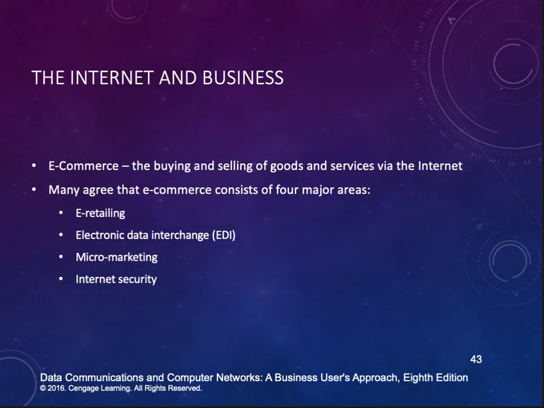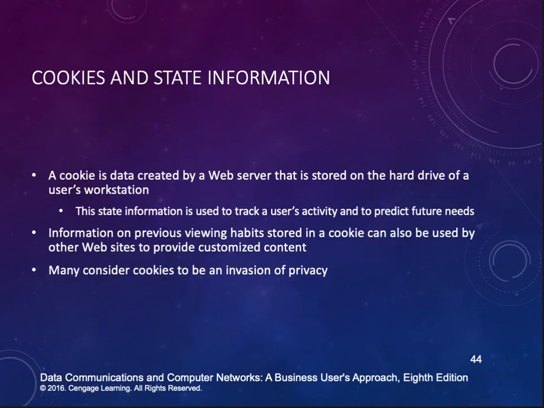Next, in business we have e-commerce, which is a booming market, and we have most of the richest men in this category of business and technology. We have e-retailing, EDI, electronic data interchange, micro-marketing, internet security. These are the major players. Next, we have cookies.